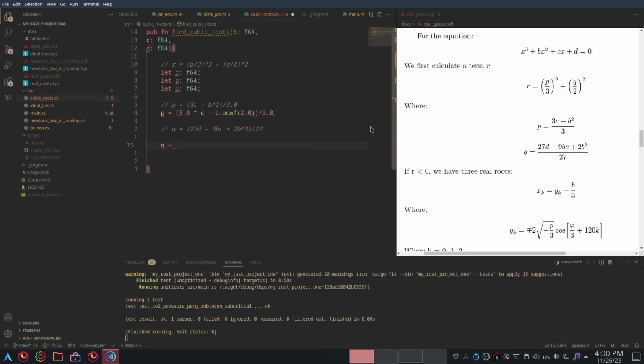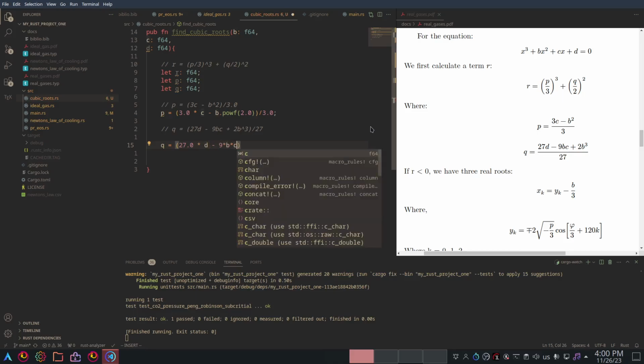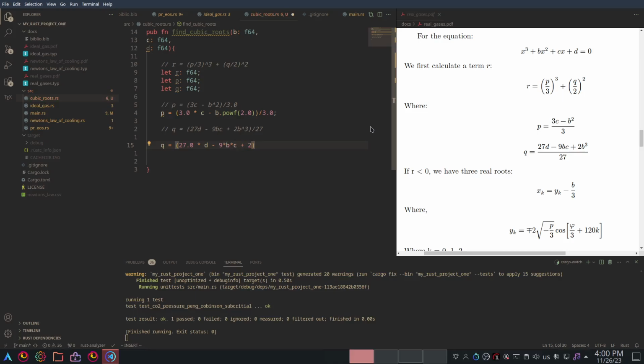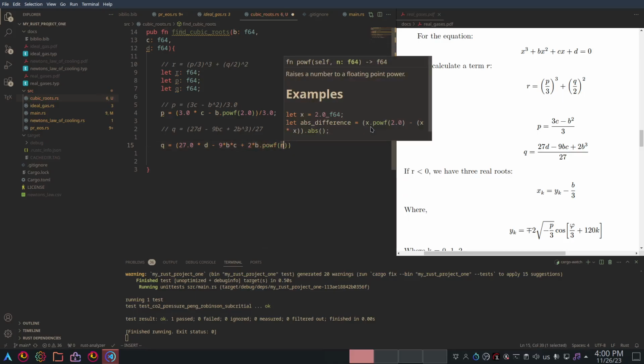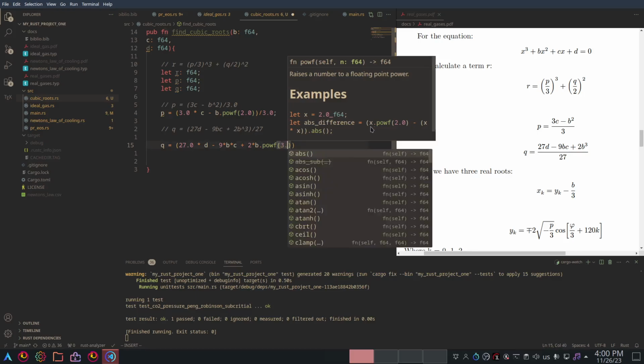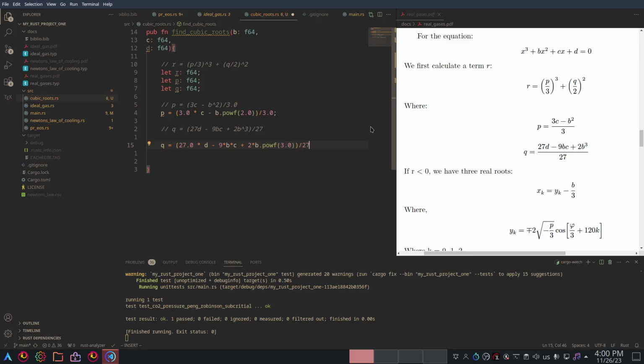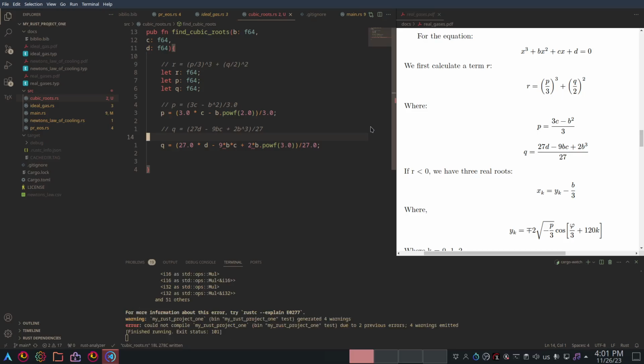Q equals 27.0 times D minus 9 times B times C plus 2 times B power F. Just raising it to a power. So this is the power of 3, and then I'll divide by 27.0. With float numbers, you can do the power F much easier than in the units of measure thing.